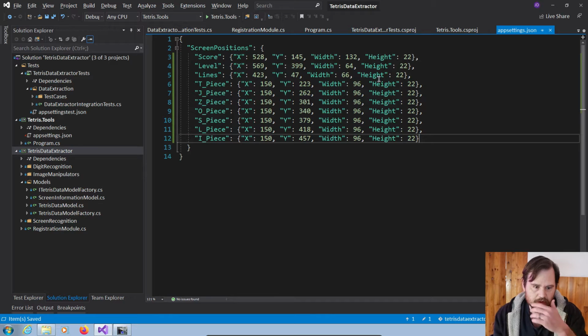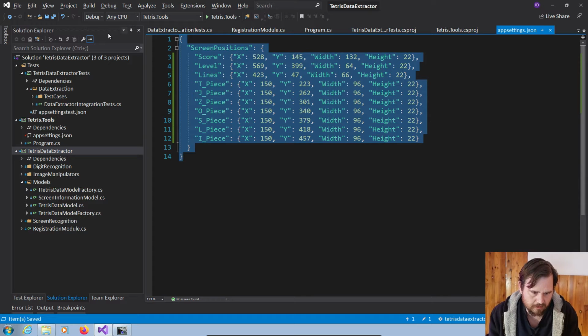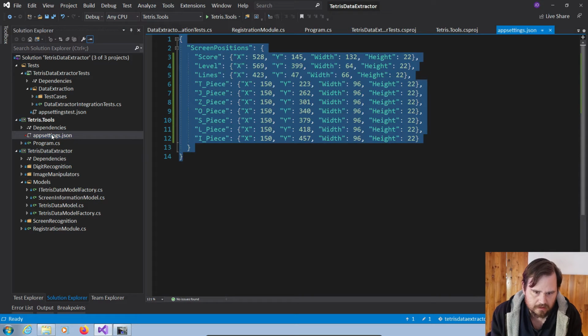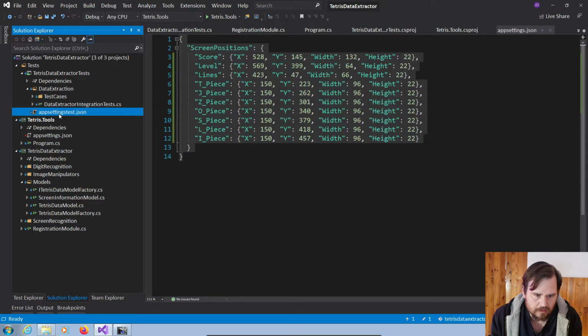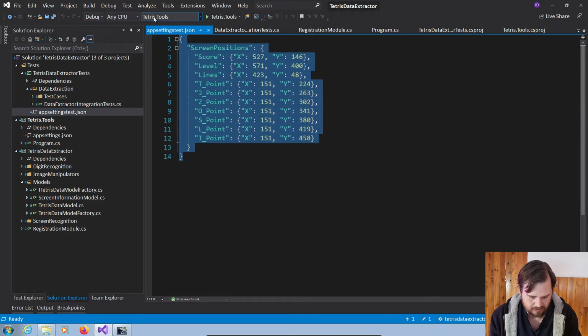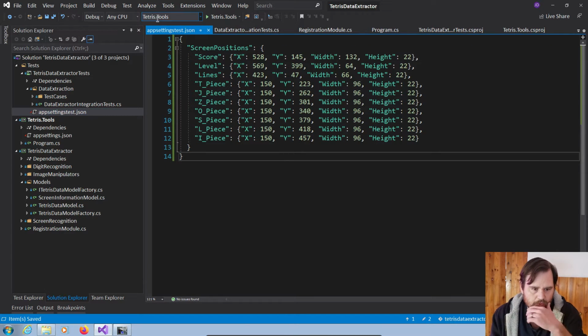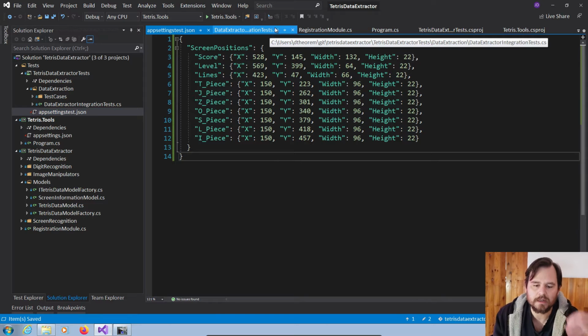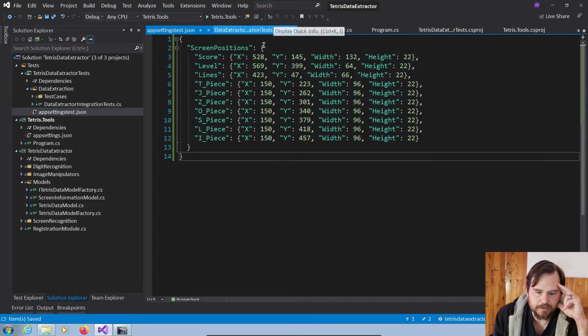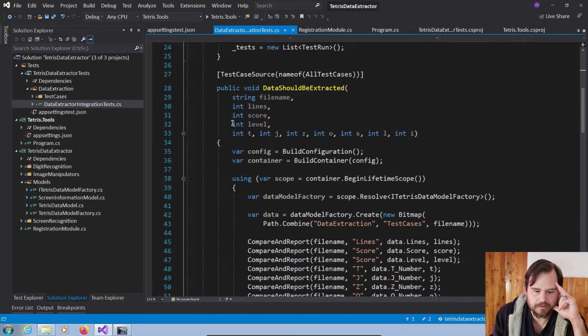Okay, so those are our screen positions. And that's good. Now what I have to do is copy this into our testing settings as well, since they're separate from the main settings, but for now they'll have the same information.